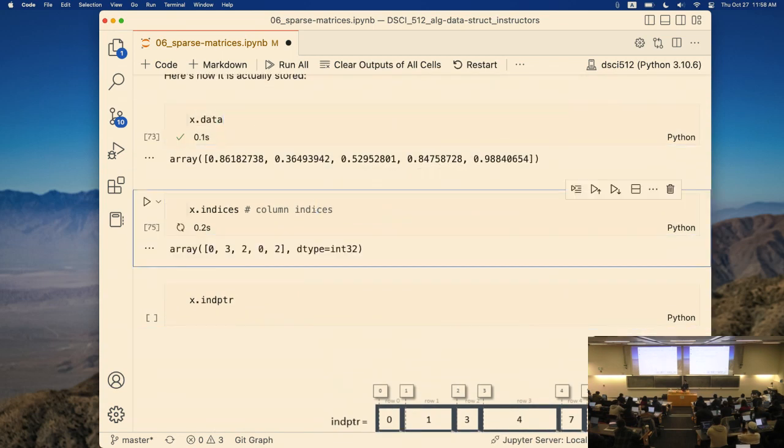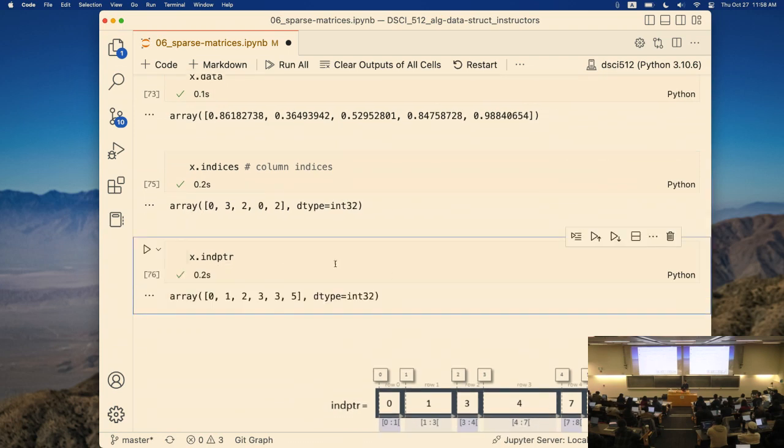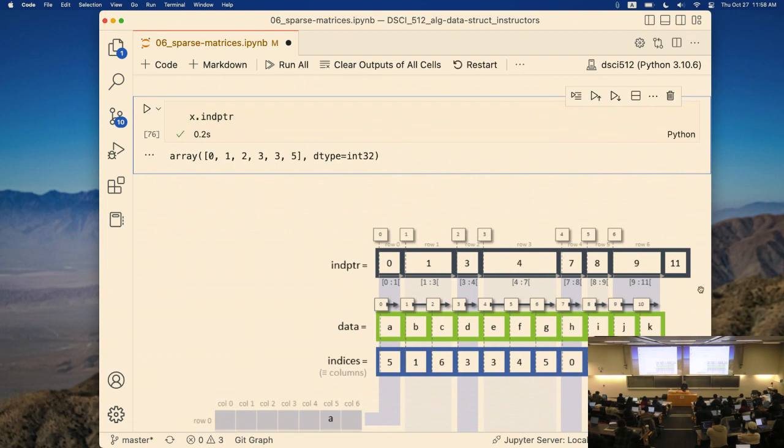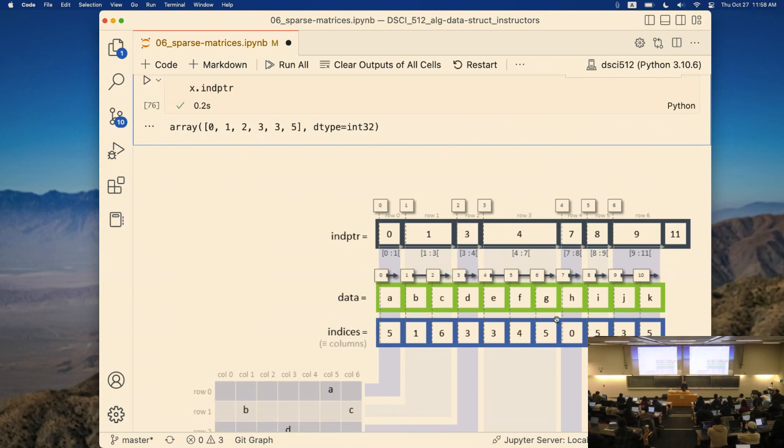These are the column indices. And this is called an index pointer, which keeps track of the row where that data is located. Again, this is a row-wise representation. You can have the same thing for a column representation. Doing these operations will be much faster for the rows because of the way that the data is represented.